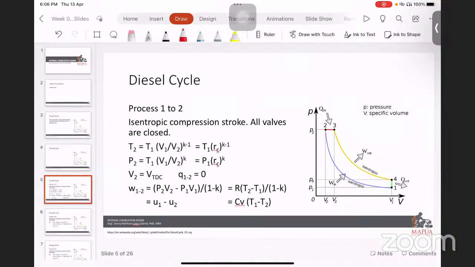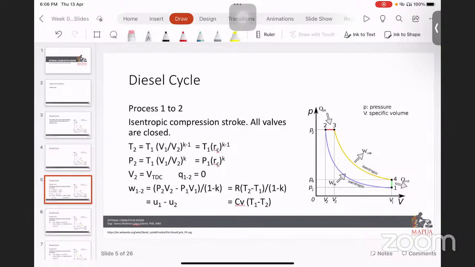So let's see. From process 1 to 2. Process 1 to 2, parang doon sa Otto cycle natin, it's an isentropic compression stroke. All valves are closed. So yung formula natin at saka yung relationship natin between temperature and volume is still same. Parehas dun sa Otto cycle natin. Where the ratio of T1 and T2 is equal to the ratio of V1 and V2 raised to k minus 1.